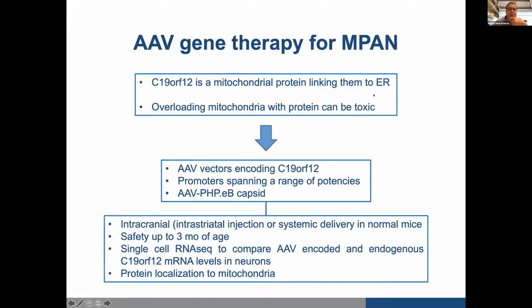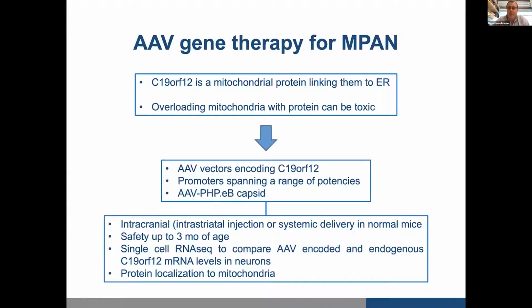So in terms of thinking about what a gene therapy program could look like, the first thing to take into account is that it's a mitochondrial protein. Overloading could be toxic. So one, in my experience, should look into a range of potencies that one would have to test, given that at the moment this is mostly an empirical process.